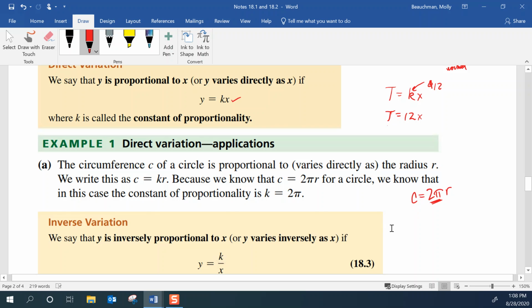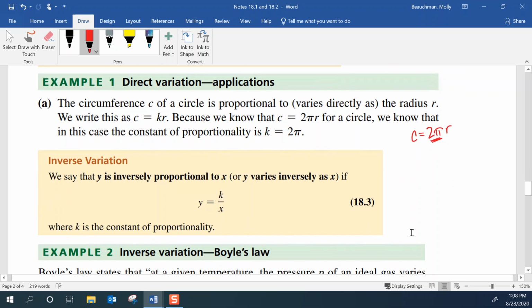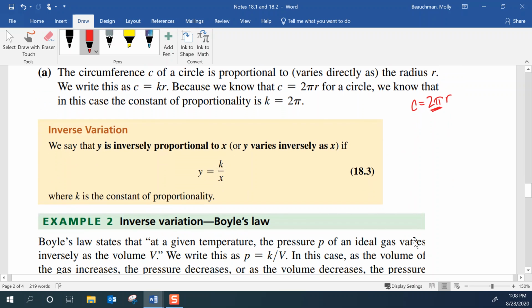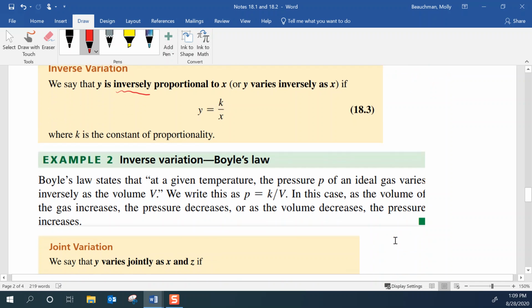Inverse variation: we say that y is inversely proportional to x, or y varies inversely as x, if y is equal to k divided by x. k is still called the constant of proportionality. Inversely proportional means we're dividing instead of multiplying. Here's one of the science examples, Boyle's law.